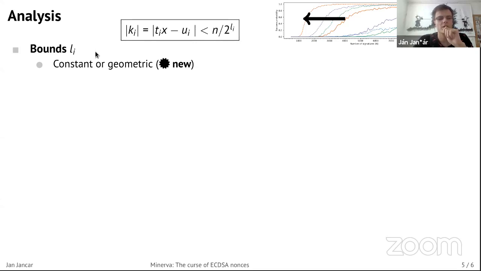But in our case, we achieved a much better success rate by better estimating the true distribution of the leading 0 bits of these first signatures, which is geometric or geometric looking, so the attack starts working with thousands of signatures less than if you just use constant bounds.